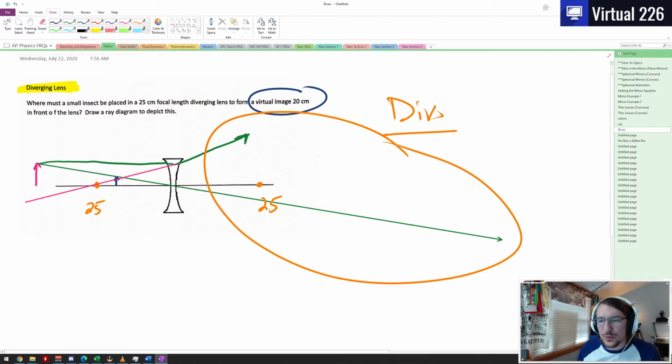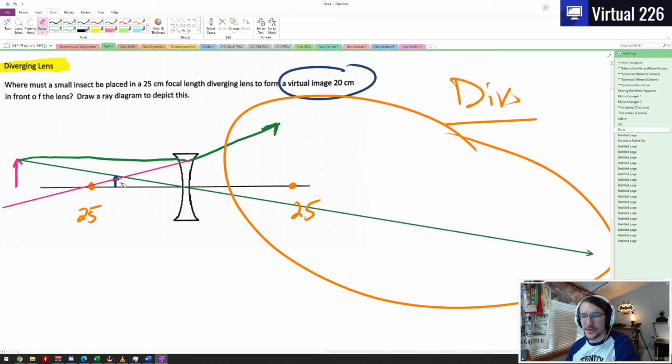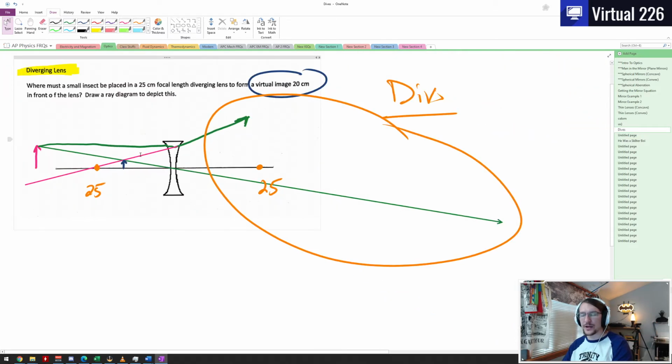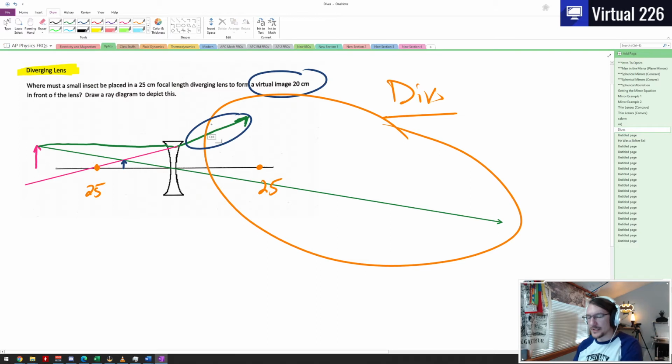In doing so, we see that I just missed the image spot, and that our image should actually appear right here. That is where our image will be from this ray diagram. The line diverges up here, and because of that, we have to backtrack it. It passes through the focal point as light should. And that's just the ray diagram.